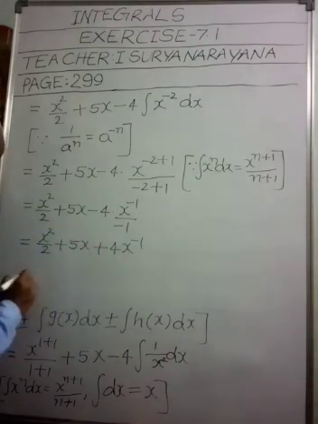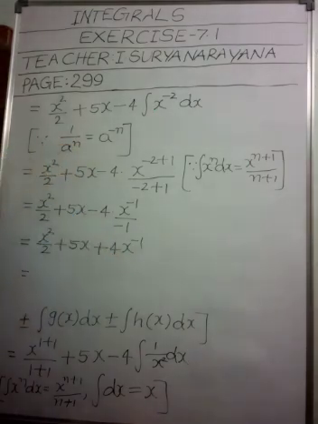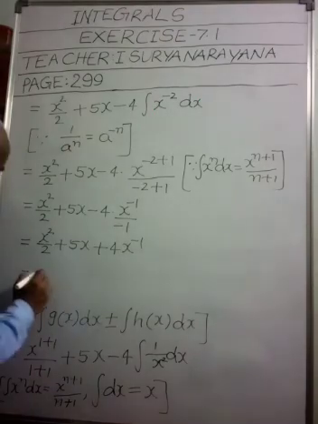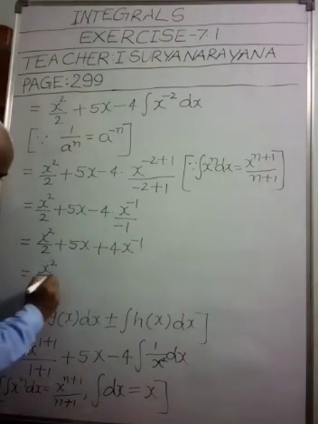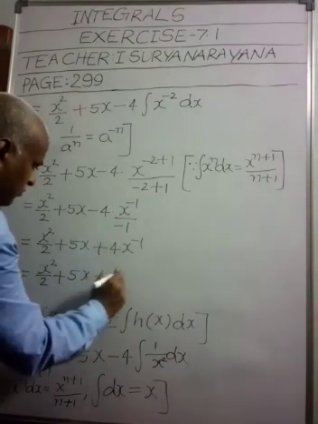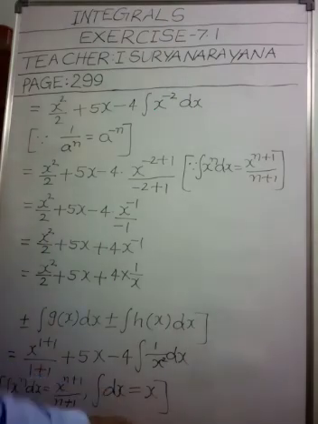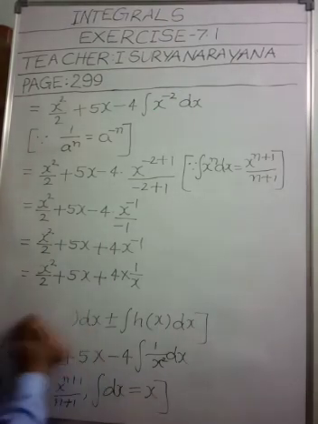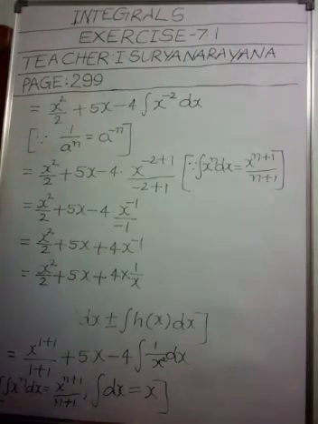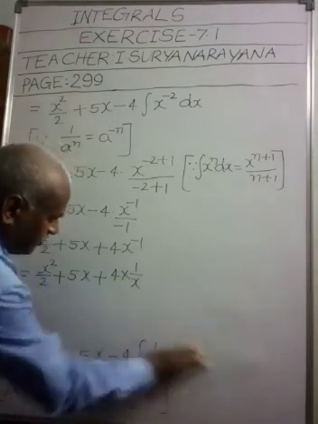Right. Again this last term, we are writing by using the laws of exponents. So x square by 2 plus 5x plus x power minus 1 can be written as 1 by x. X power minus n can be written as 1 by x power n.